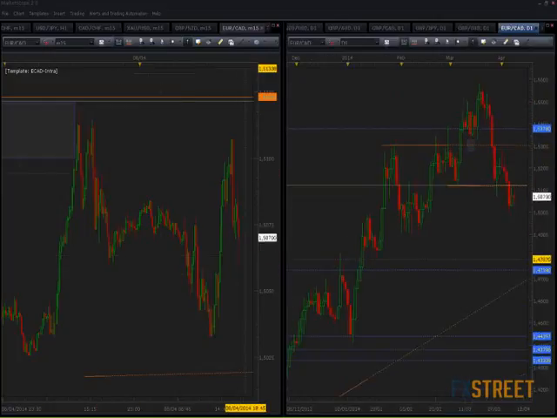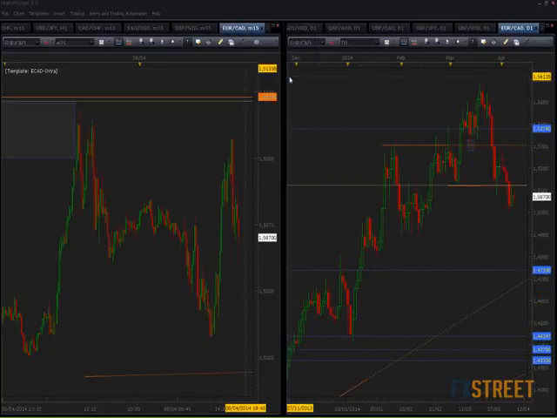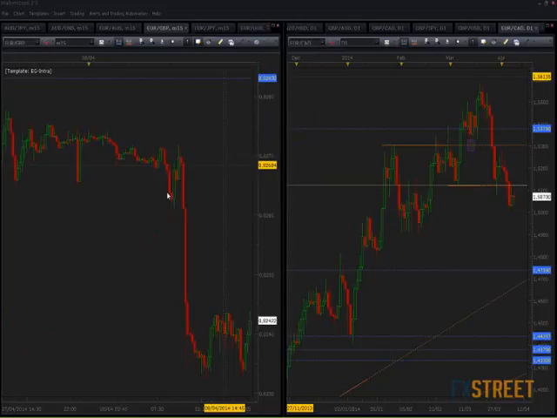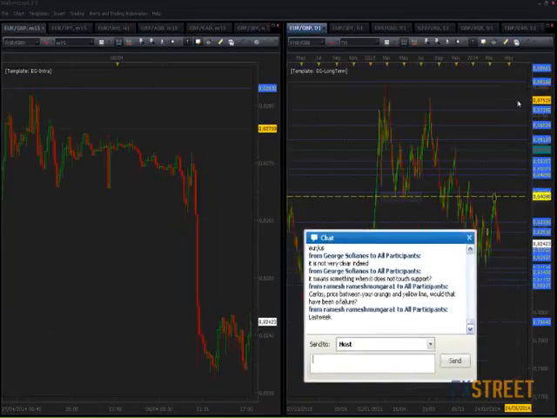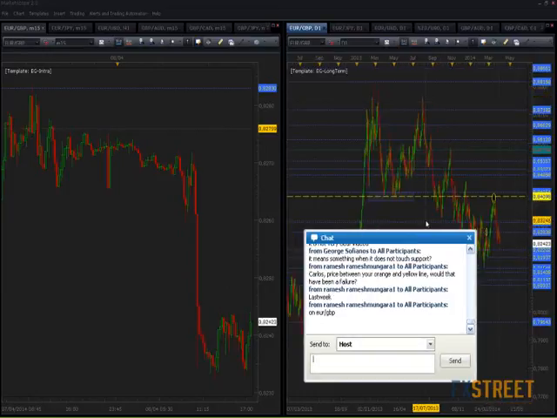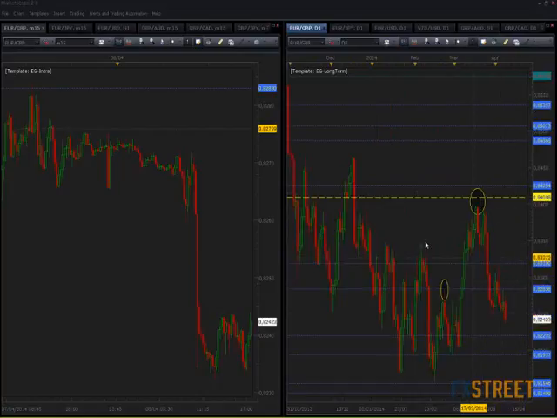Let me see. There is one question here from Ramesh. You are talking about euro pound. The line between orange and yellow, that's a failure. You mean this line, right? It's a small failure, yes.